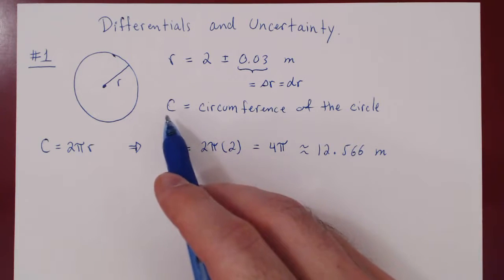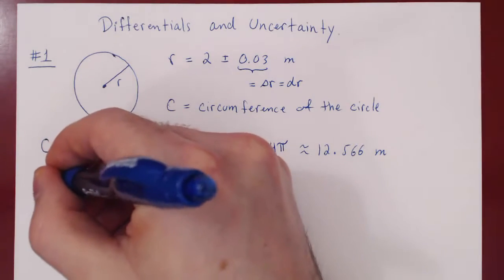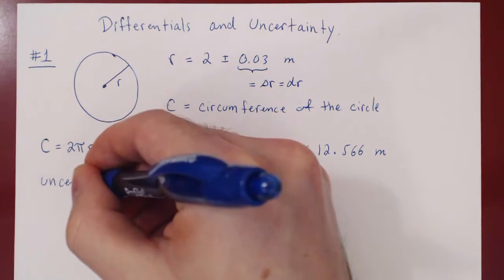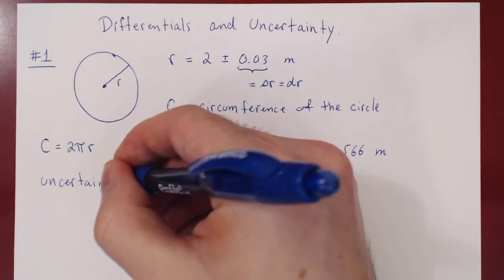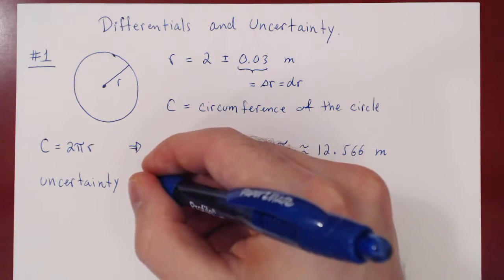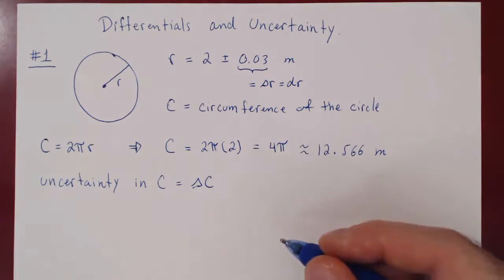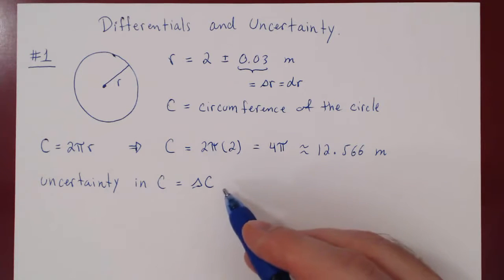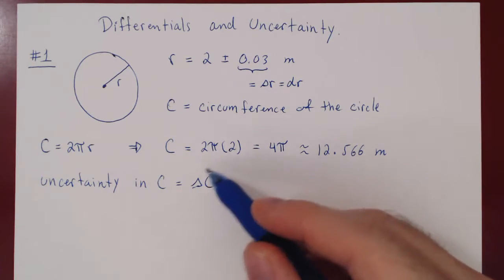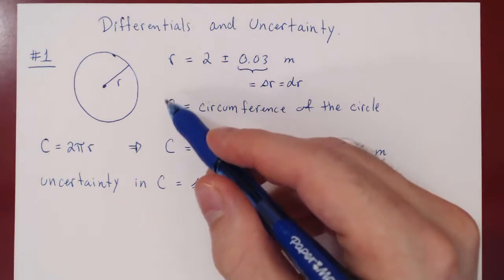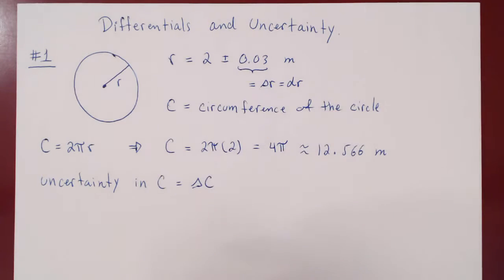Well, the uncertainty will be the change in C, right? And that's delta C. Well, here's where we're using the differential. We want the change in the dependent variable, because C is the dependent variable that depends on r, the independent variable.